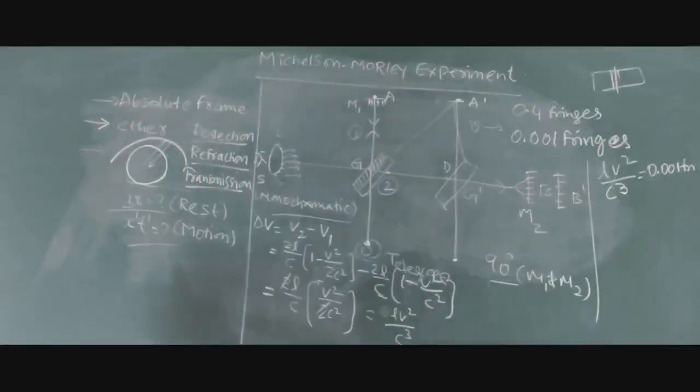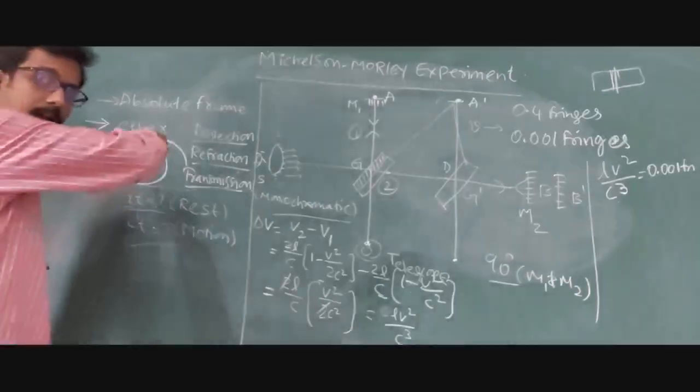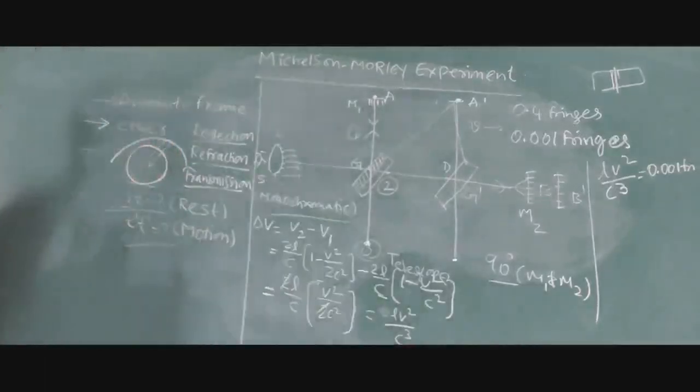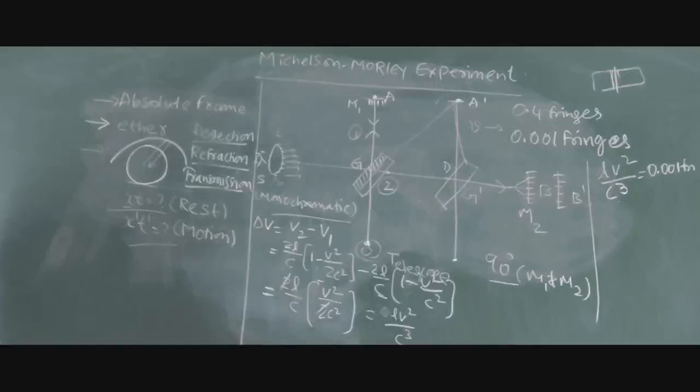Before that, there was an assumption that there is an absolute frame of reference, and this negative result gives that it is impossible to measure the speed of the Earth relative to the ether, the concept of a fixed frame. So it is impossible to measure the velocity of the Earth with respect to the ether because ether is not there at all. The first result failed, and not only that, the null result of the experiment led to the total rejection of the ether hypothesis.